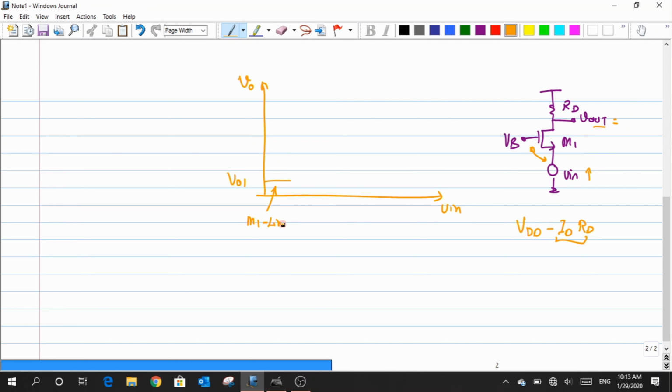But what happens after this? Which region do I have to enter? What is happening is that I'm trying to increase the value of Vin, due to which the VGS reduces. What is happening to the current? That also decreases. What is happening to my Vout? It increases.